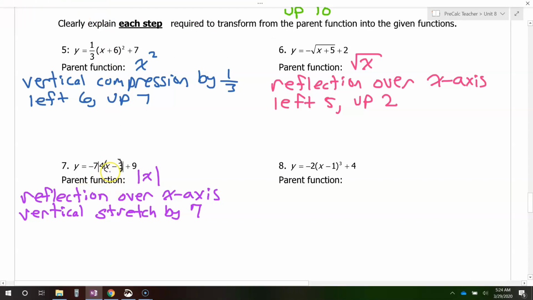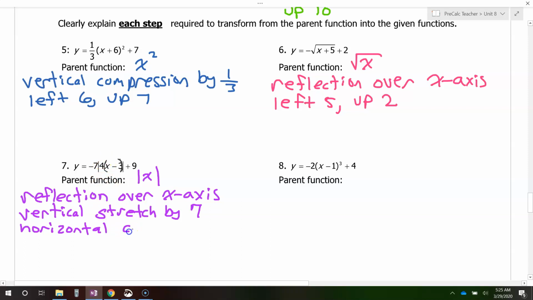So now, with parentheses around the x minus 3, we can safely say that the 4 is going to be a horizontal something. Now, will it be a stretch or a compression? Everything in here is the opposite of what it looks like. So a 4 right here is going to be a compression.